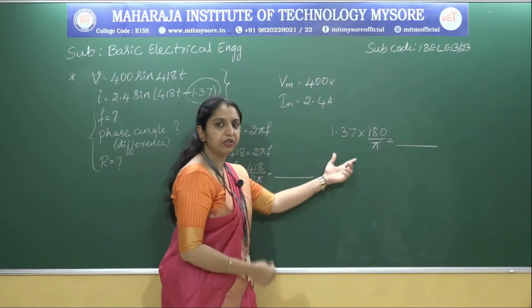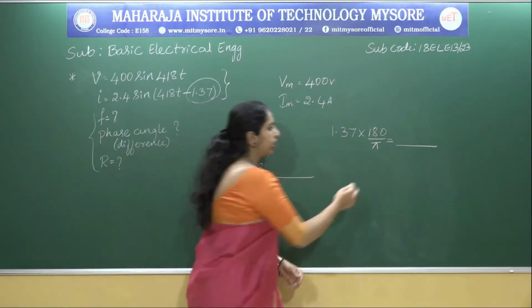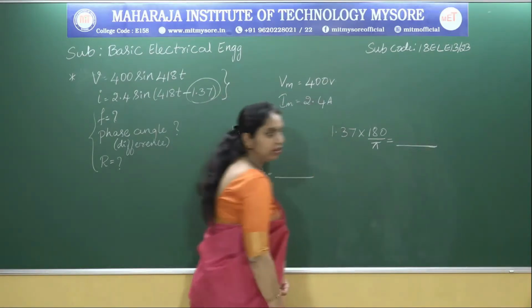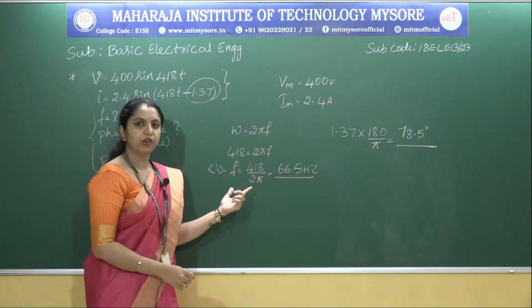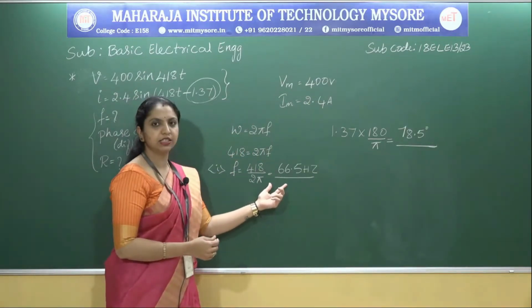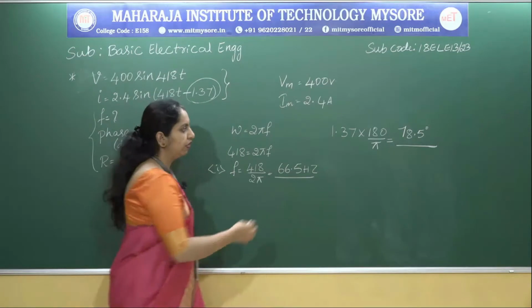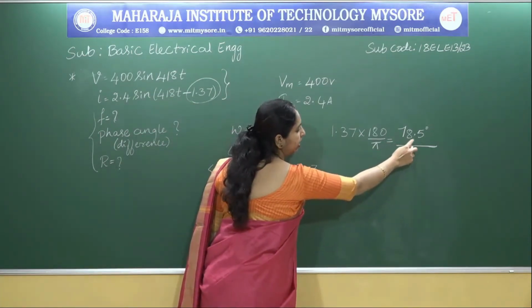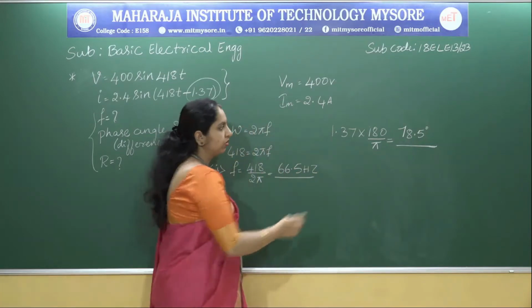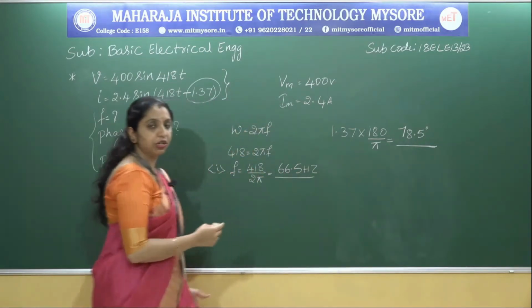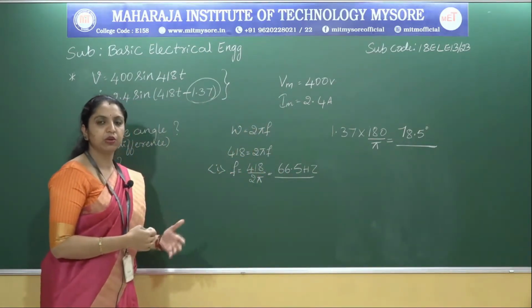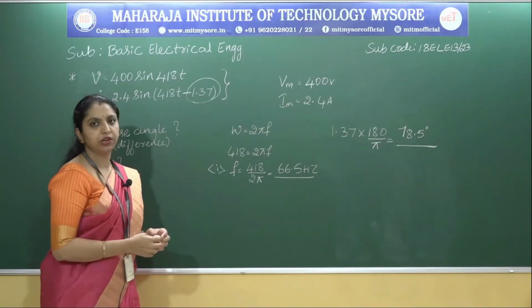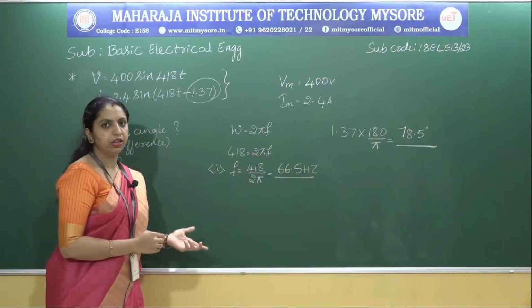After simplifying, we get the angle in degrees. We have obtained the frequency as 66.5 Hertz and the angle as 78.5 degrees. So the phase difference between the voltage and current is 78.5 degrees.